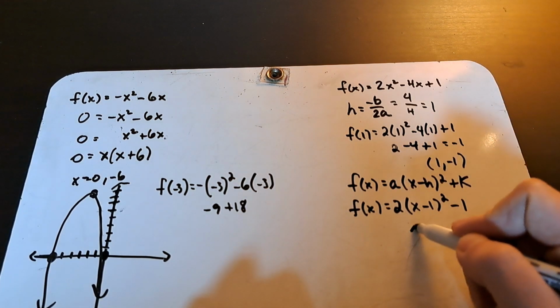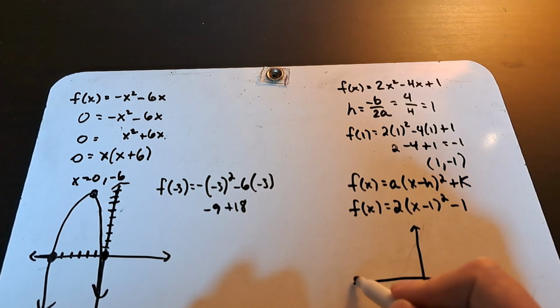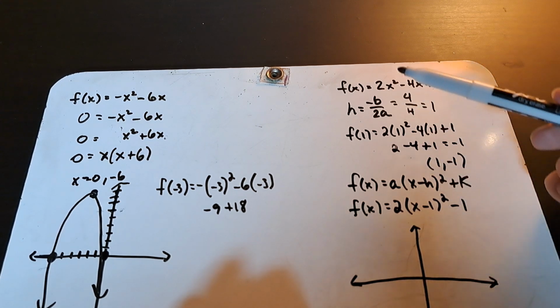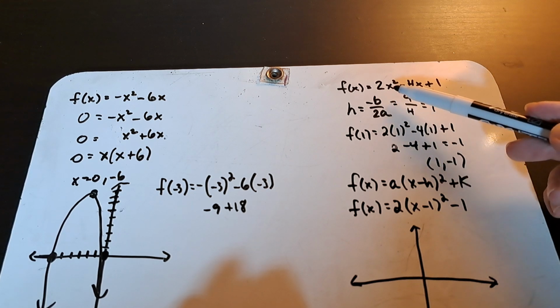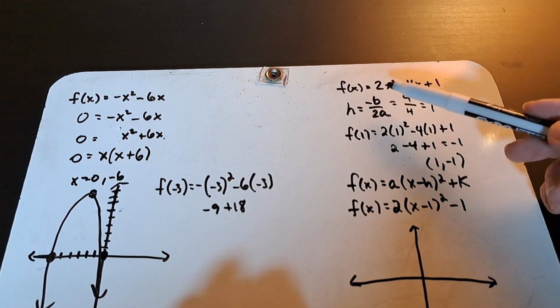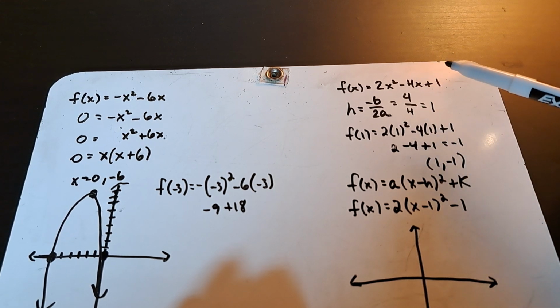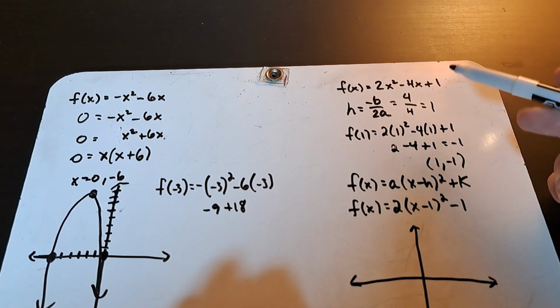And the way that I can do this is I can find a really easy point on the graph. Well, one of the easiest points that I can find is when x is equal to 0. Because notice that when x is equal to 0, these two terms cancel out, and I'm just left with the constant at the end. So if x equals 0 in this function, then the output is equal to 1.